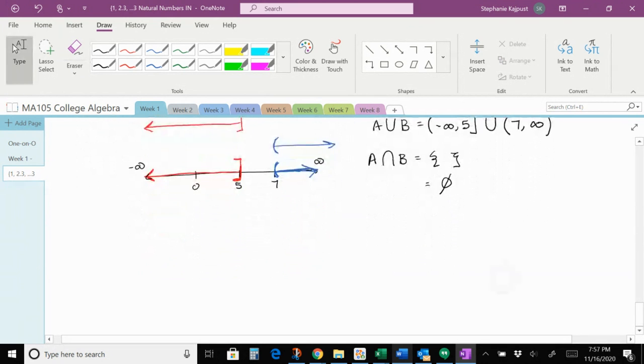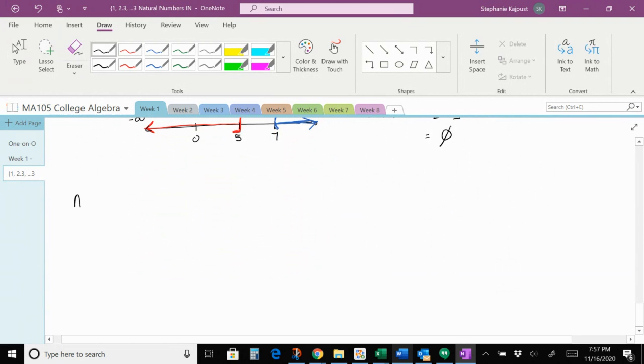Then I'm going to do one more. There's not a lot of time here. Let's say A is equal to -2 less than x less than or equal to 3.